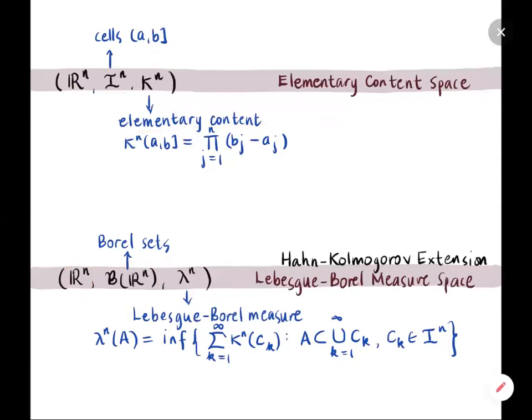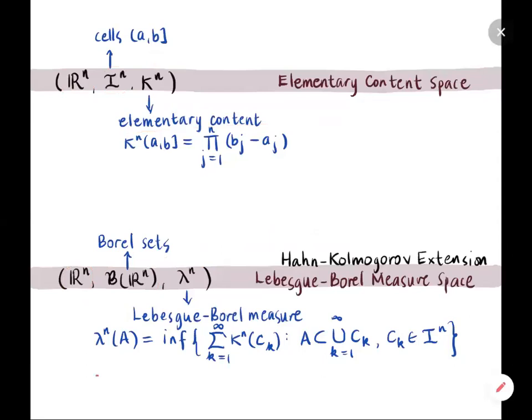The last component is the Lebesgue-Borel measure, lambda n. It's defined on Borel sets with values in 0 to infinity. And this is basically the restriction of your outer measure to the Borel sets.